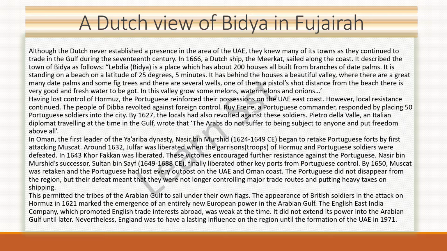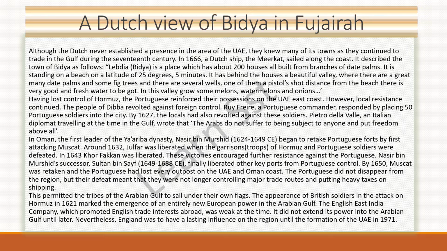Libdia, that is what they used to call it, is a place of about 200 houses, all built from the branches of the date palms. It is standing on a beach, and they have given an exact location of the region, that is latitude of 25 degrees and 5 minutes. It has behind the houses a beautiful valley, where there was a great number of date palms, some fig trees, and several wells.